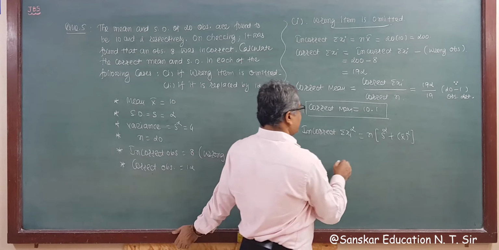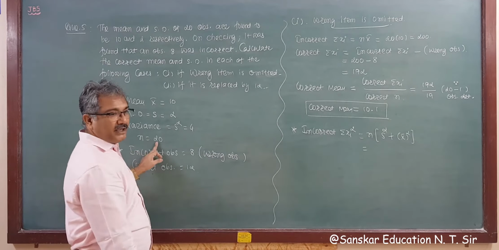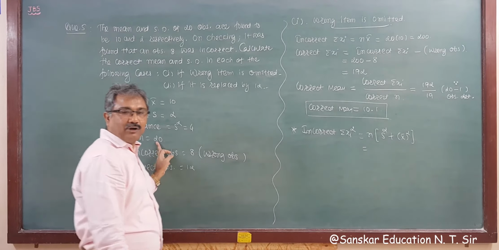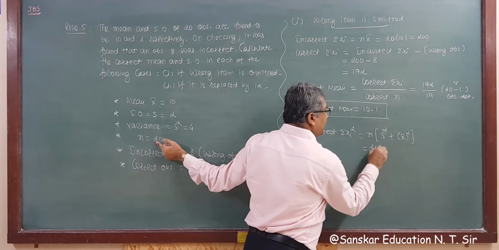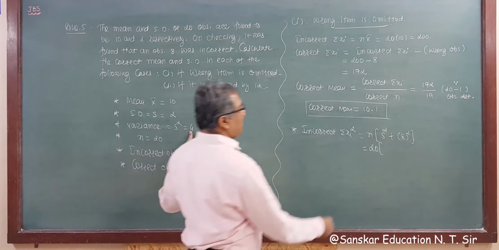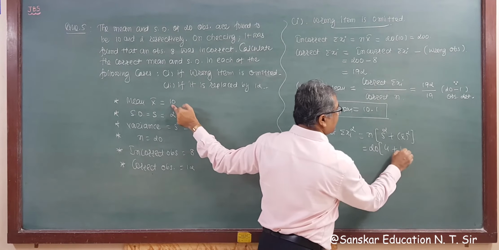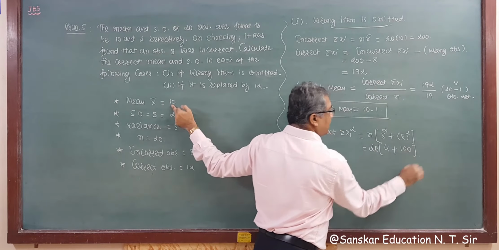Now n is 20, so we take n equal to 20. S square, the variance, is 4, and the mean is 10, so 10 square is 100. I am writing 100 directly.